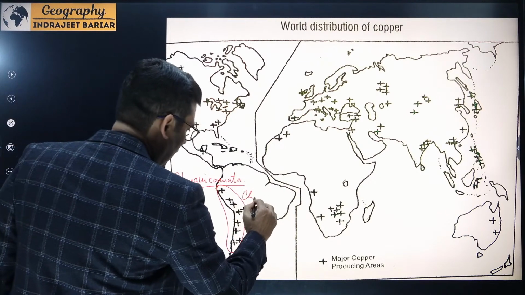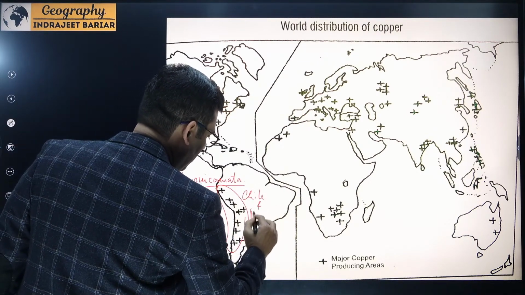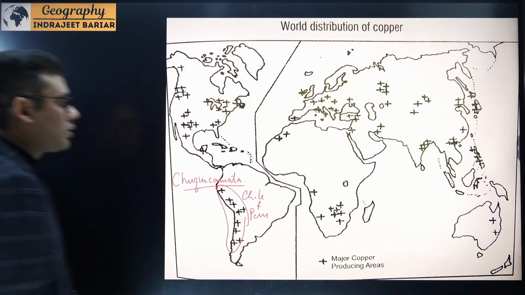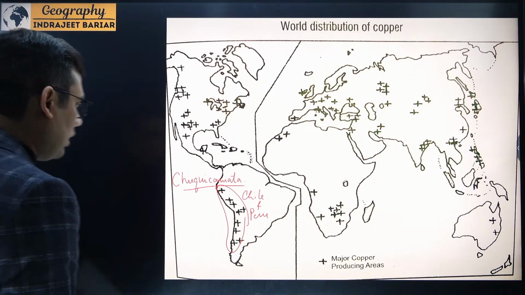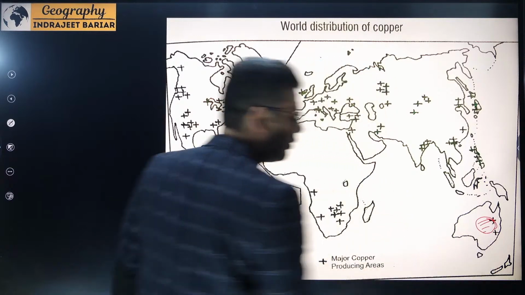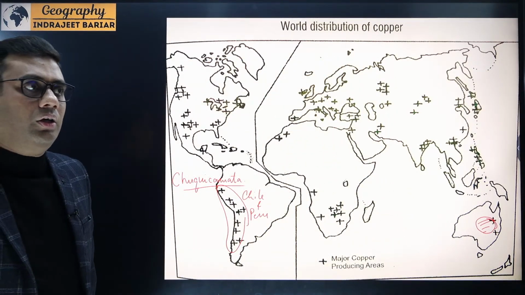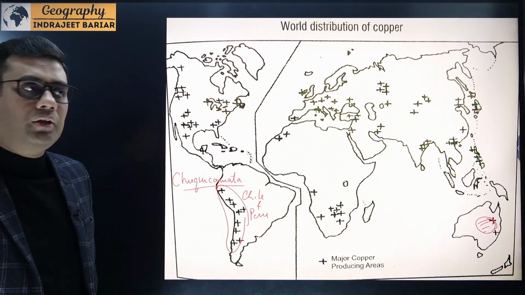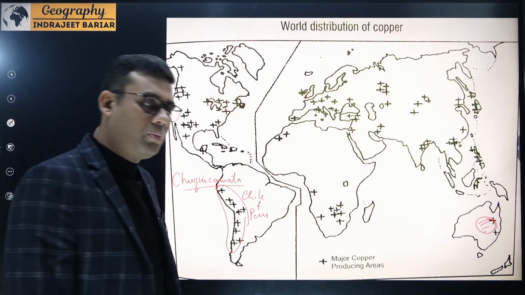So here I have Chile and Peru in South America. Apart from that, Australia, up to the whole of this part, east to Central Australia, is another region where we find good copper reserves.